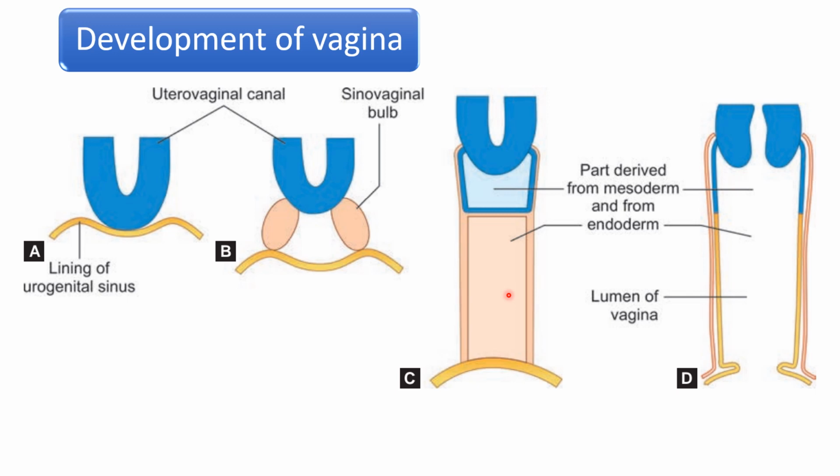So when we look at the anomalies of vagina, you can see the formation of the vaginal cavity over here by formation of lumen within the vaginal plate, and that will be opening into the urogenital sinus. And when you look at the anomalies of vagina, vagina can be duplicated.